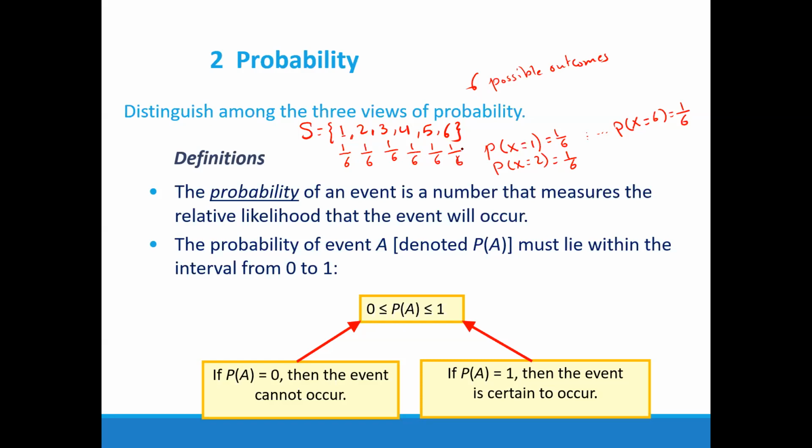Okay, so if we add the probability of all outcomes of the whole sample space, we'll get what? 1 over 6 plus 1 over 6, and so on, equals what? 6 over 6, which equals 1.